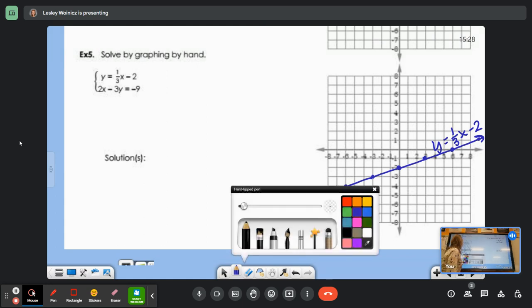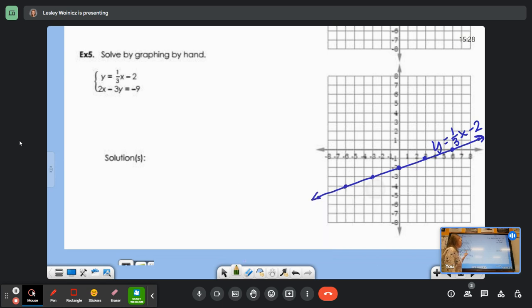We're about to find out. Okay, what's a little wonkadoo about the second equation? Yeah, x's are on the same side. It's in standard form again.